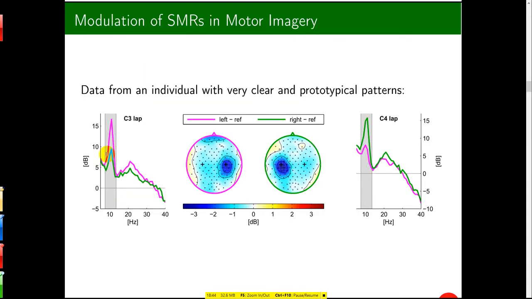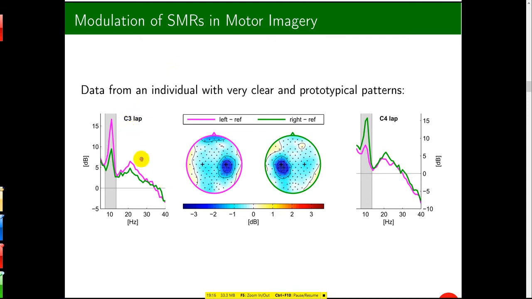So, modulation of sensorimotor cortex in motor imagery from one subject when he did two tasks. He imagined moving his left arm and right arm. And what do we see here? Spectrum, right? Let me go into detail.